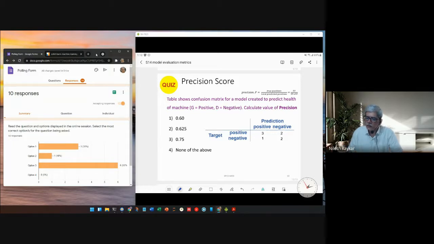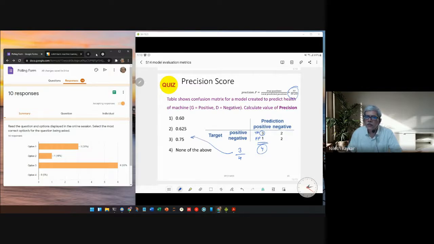Here we are looking at true positive divided by true positive plus false positive. So this is true positive and this is false positive. Here we have to take the sum of the column. So it will be true positive, that is 3, divided by true positive plus false positive, that is 4.